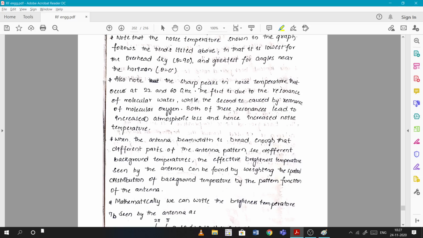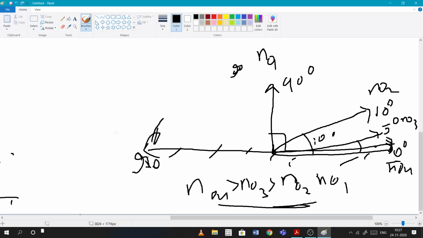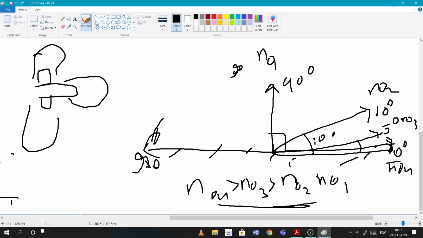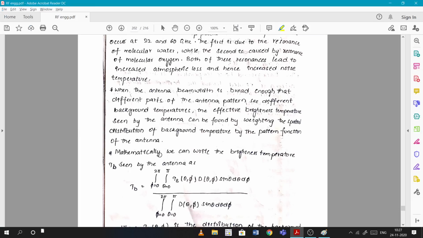So for example, let us take an antenna with a shape like this, with somewhat small parts attached to it. This part is generating one pattern, this part is generating one pattern, and this part is generating one pattern. Each of the three will have different background temperatures.